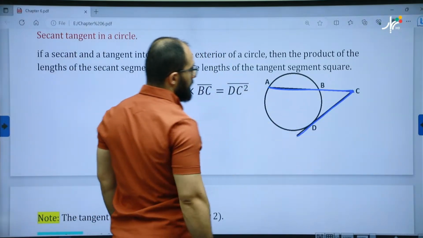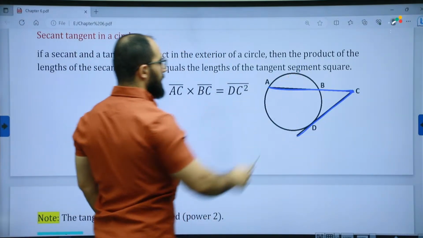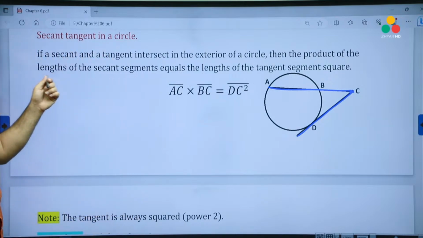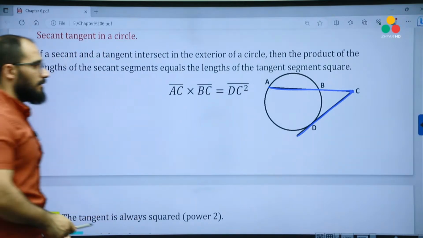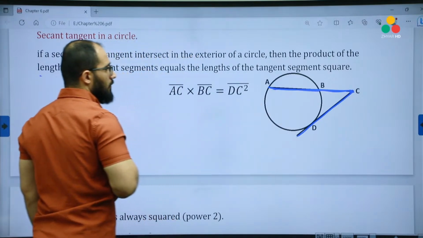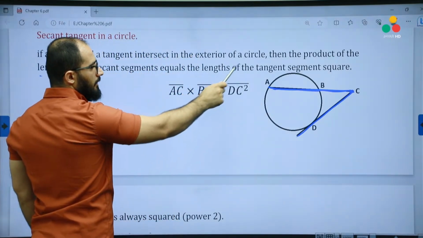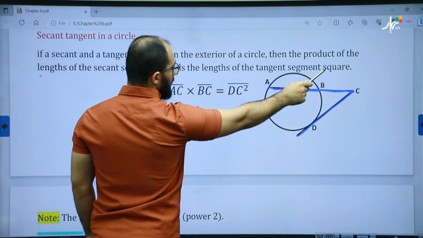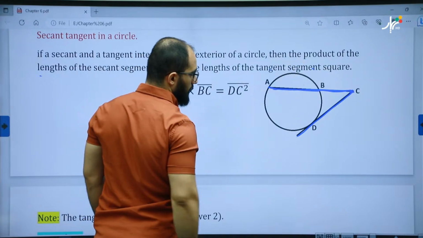This is the exterior point of this circle. Then the product of what? The product of the length of the secant is equal to the length of the tangent segment squared.